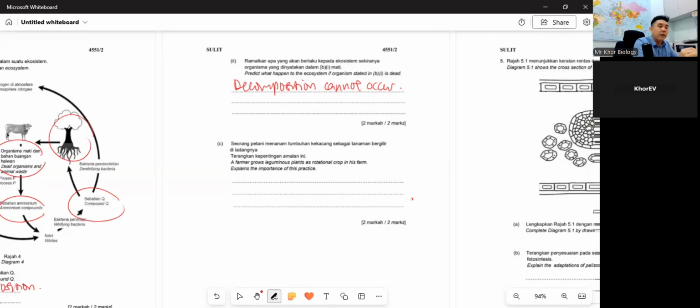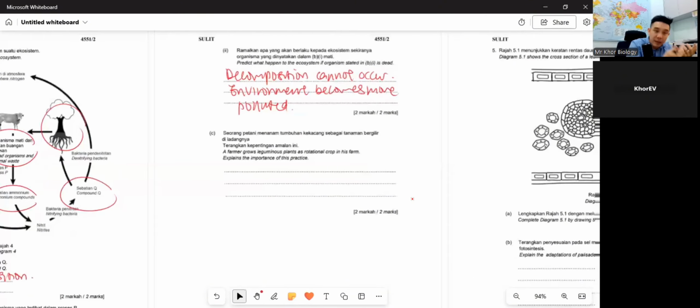So we say that the environment becomes more polluted. Guys, they actually play a very important role in helping us break down animal waste, dead plants, and so on. So if it cannot break down, then it becomes smelly. There'll be a lot more pollution.